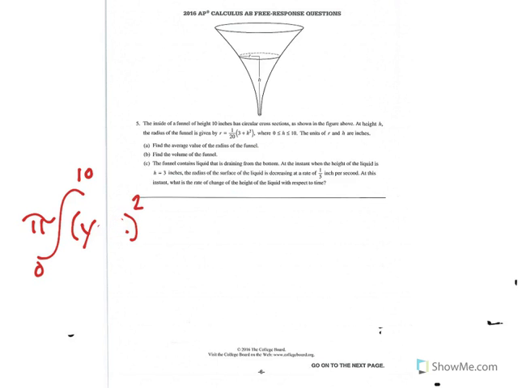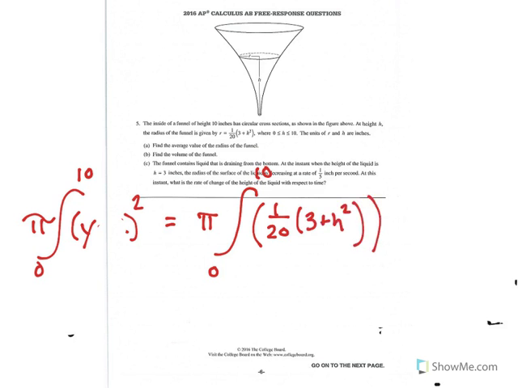So it's just going to be this equation right here, which is going to be pi times the integral from 0 to 10 of 1 over 20 times 3 plus h squared, dh.